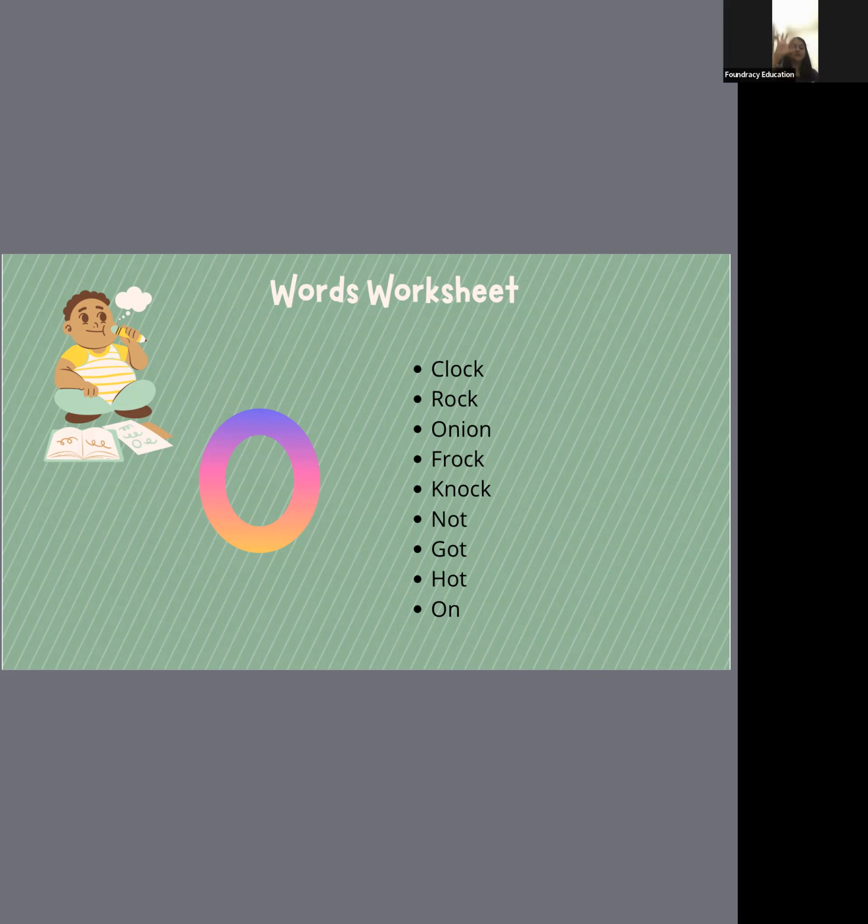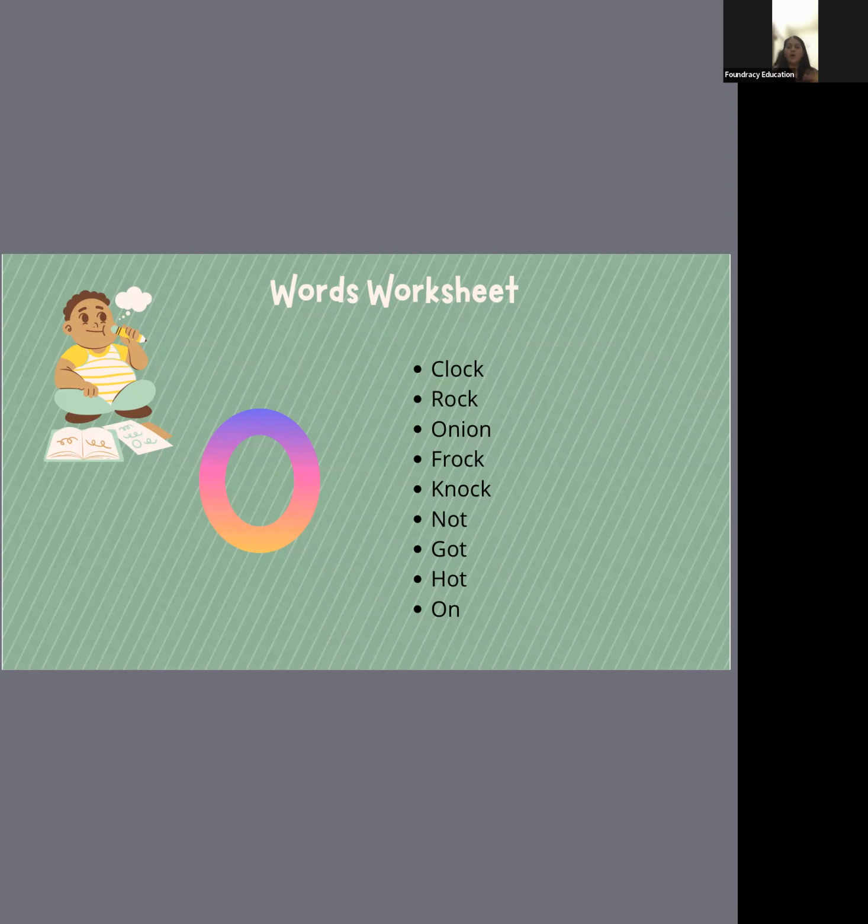So ask the kids to focus on the middle sound that you're trying to pull out. By doing these actions, kids try to understand that you're trying to snatch something in the middle. For example, if you want to say clock, kl, o, k. There's only one sound remaining in between, which is o. Similarly, r, o, k, rock.